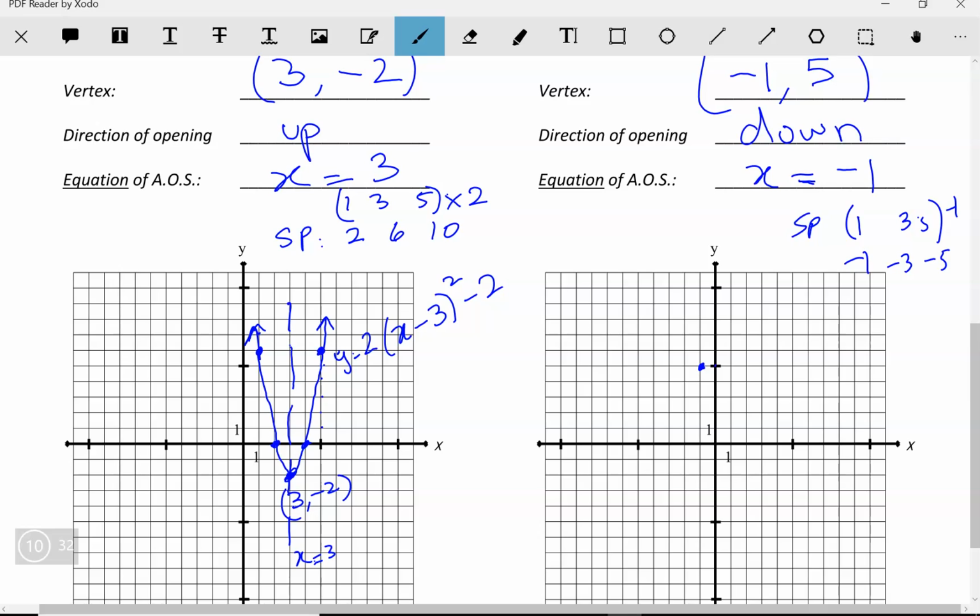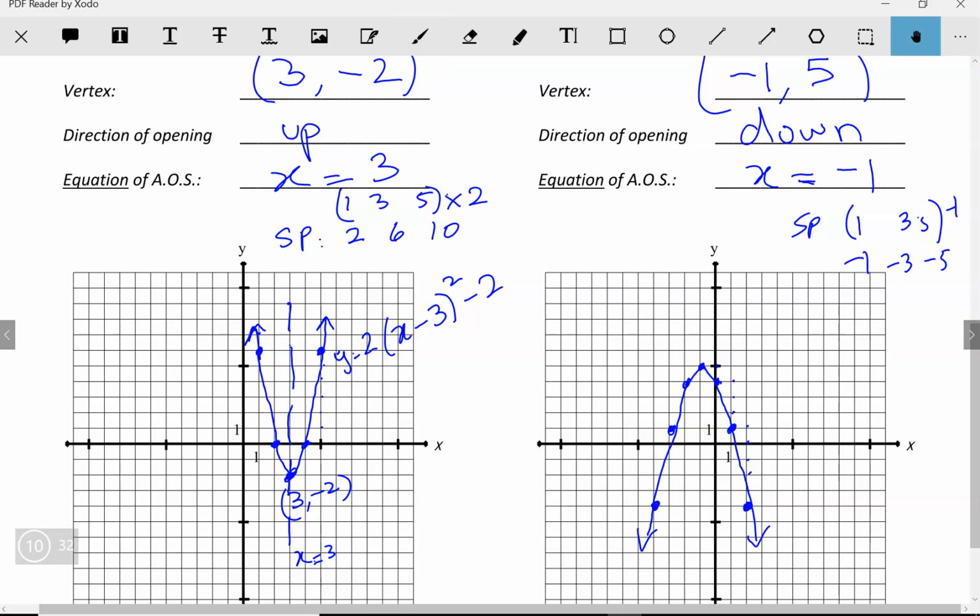So I go across 1, down 1, across 1, down 3, across 1, down 5. Now that I have these points, I'm just going to make it symmetrical on the other side, like so. Join my points. Et voila, I have a parabola.